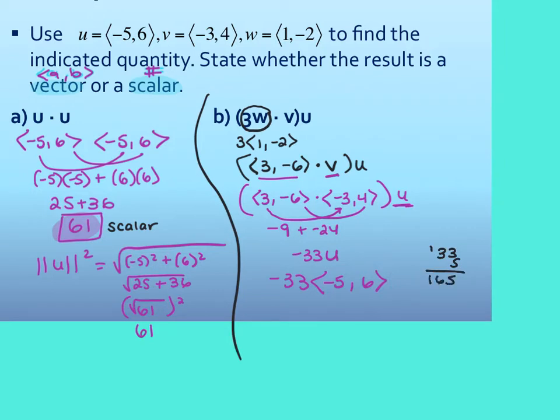Negative and a negative, so this is positive 165. And then 33 times 6. One's negative, one's positive this time, so it's negative 198. And this time it's in component form, so this is a vector.